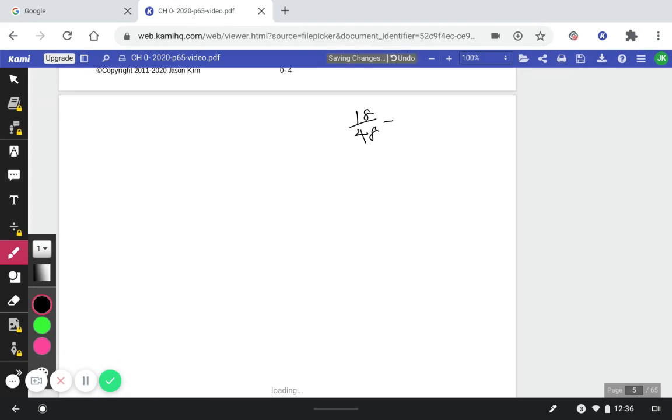So again, the way you simplify 18 out of 48 is to write 18 in terms of a factor tree. So, an even number, 2 times 9. 9 is 3 times 3. So you end up with 2 times 3 times 3.